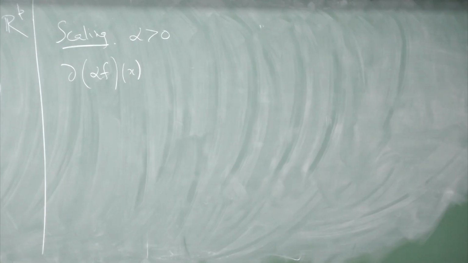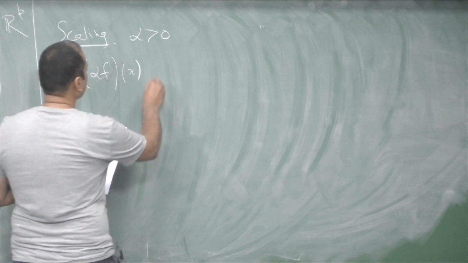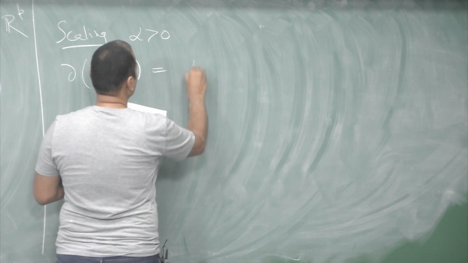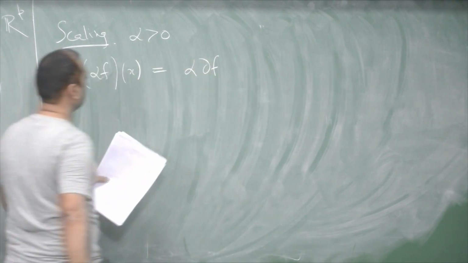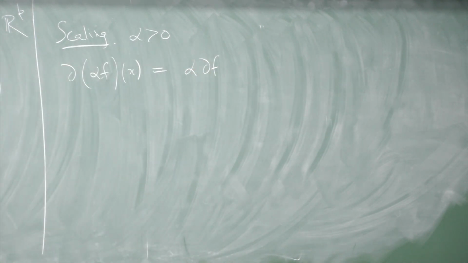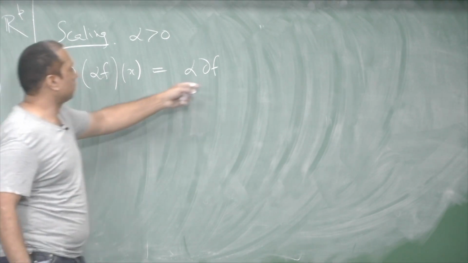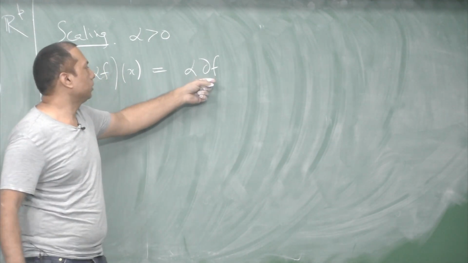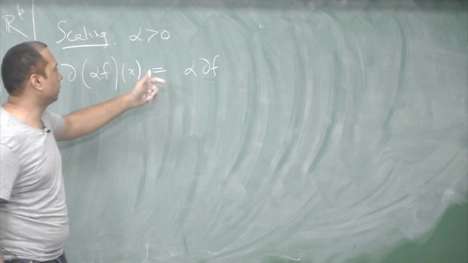Okay. So if I scale, then how does the derivative look like, right? So this is indeed okay in this case. So I can indeed take out alpha. Because we know that subdifferential is essentially a set. If it's not a set, it's a unique derivative. So that's the basic case.